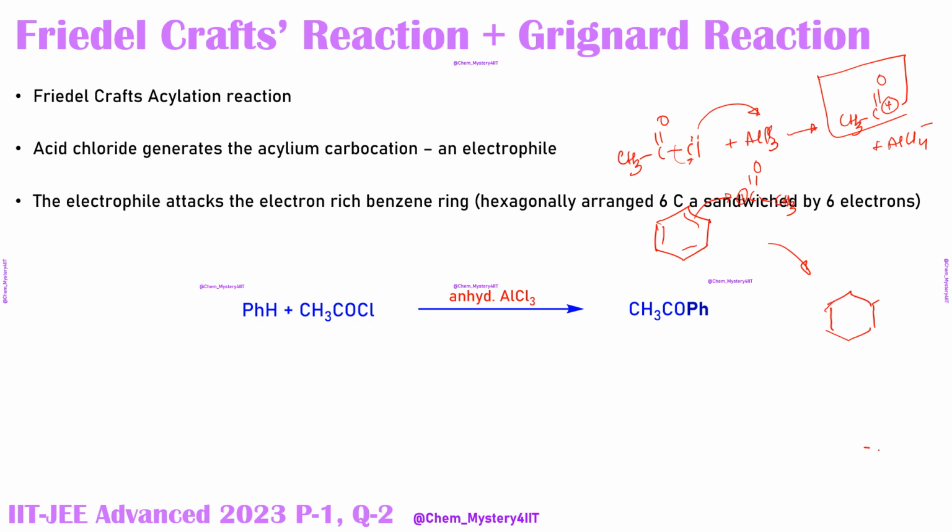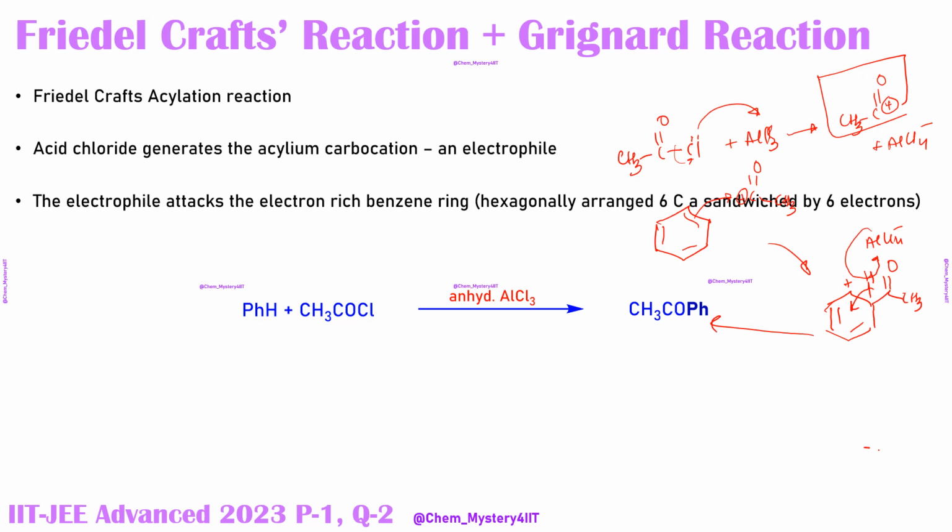In fact, this gives you C double bond O, CH3, there is a positive charge, there is hydrogen, and then this hydrogen loses its H plus to AlCl4 minus in the last step, so that you are getting the benzene ring intact.